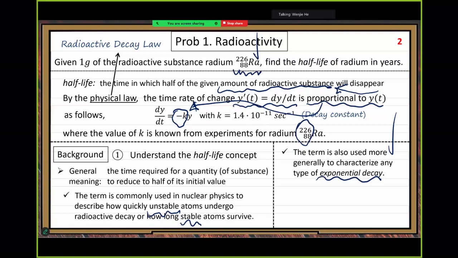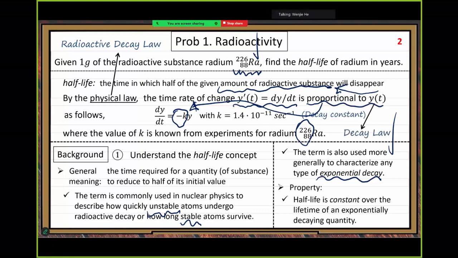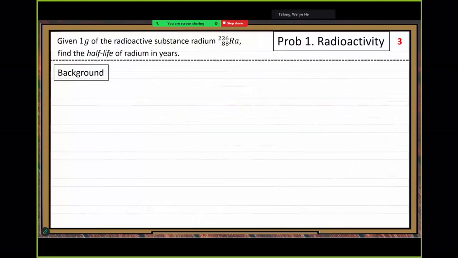For this model, we only consider exponential decay. Polynomial decay and logarithmic decay we do not consider, so this model does not include decay other than exponential decay. The property: half-life is constant over the lifetime of an exponentially decaying quantity. That's the background part.